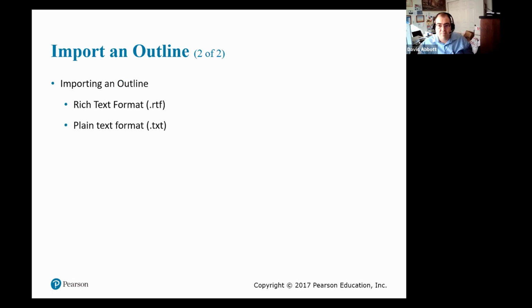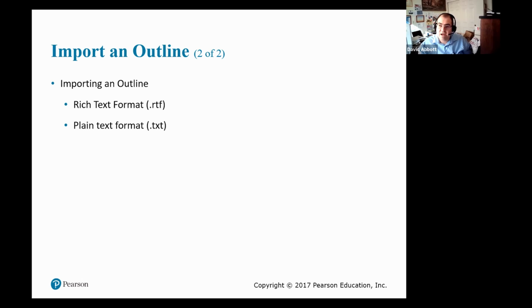And then you can also import an outline that was written in another application. Outlines created using outline view in Microsoft Word can be imported into the PowerPoint presentation. When saving a Word document, you want to save it as what's called a rich text format, or .rtf. That is a universal format that preserves the formatting of the document, and it can be used to import files either to or from the Mac or Windows platform.